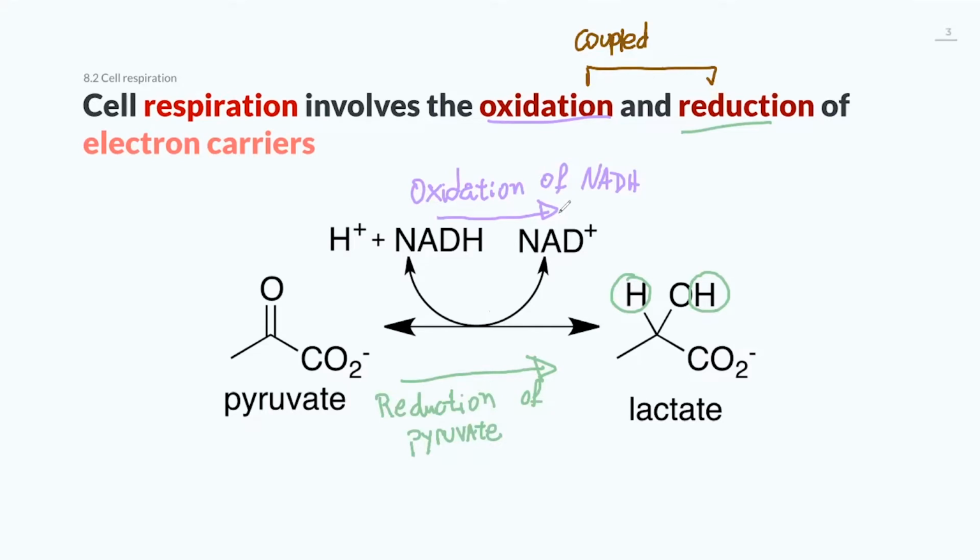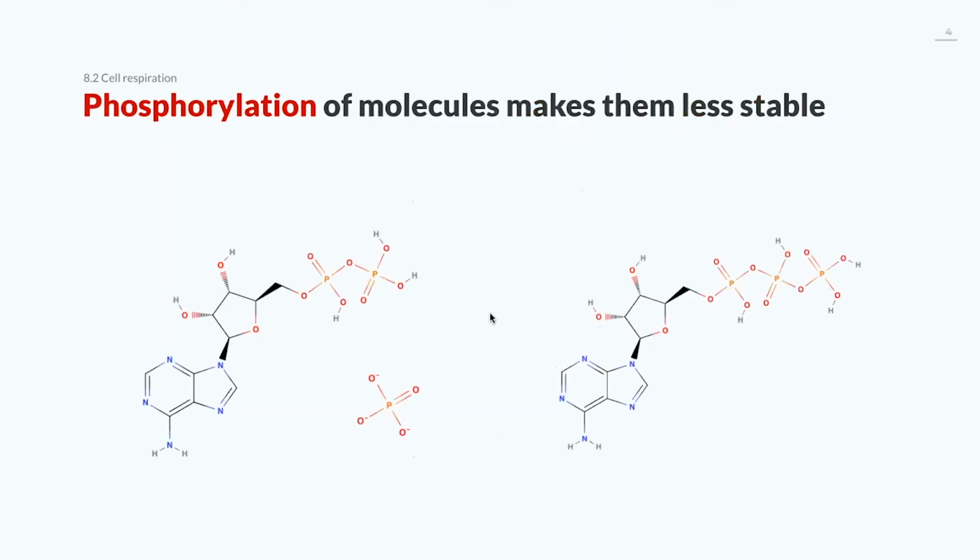So reduction will always pair with oxidation. And this is why the electron carriers are so important, because they will take part in this whole oxidation and reduction of molecules that are derived from glucose. So pyruvate came from glucose, and all this oxidation and reduction will happen with the help of electron carriers.